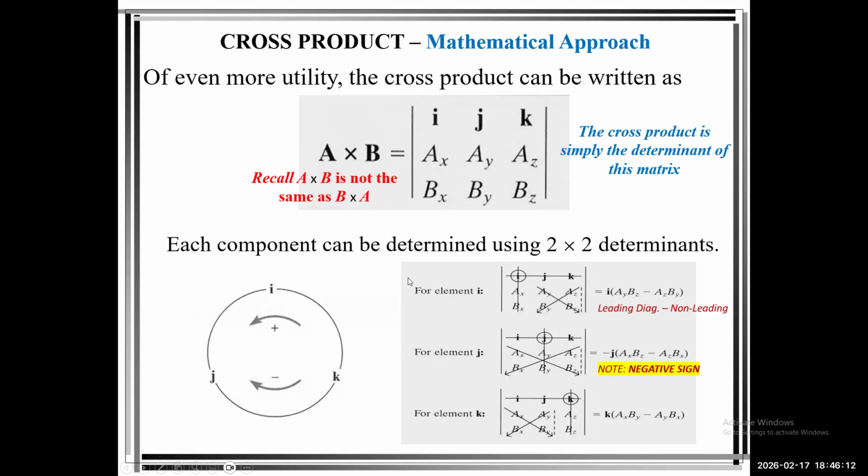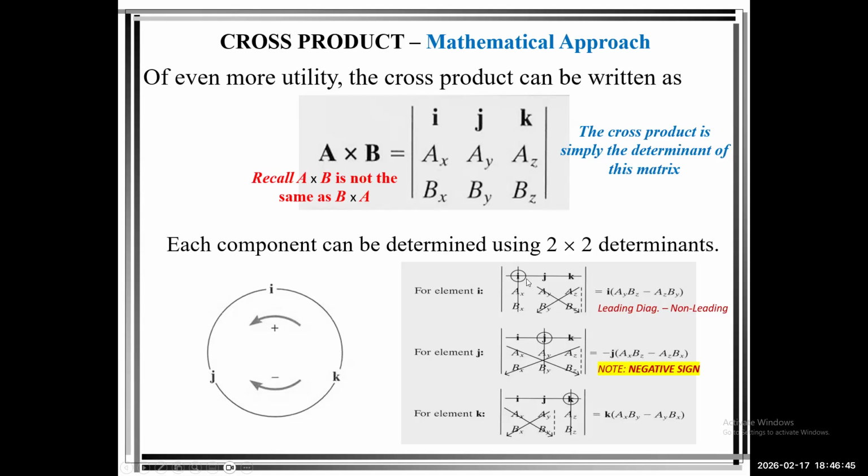So each component can be determined by using a 2x2 determinant. To get the determinant, I will consider I. For I, you eliminate the first column because you would not include the I column, nor would you include anything up here except I itself. So look at that one. For I, in order to get the determinant, we go leading diagonal and non-leading diagonal.